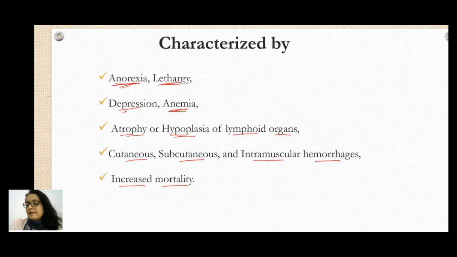Atrophy or hypoplasia of the lymphoid organs means a decrease in the size of the lymphoid organs. Cutaneous, subcutaneous, or intramuscular hemorrhages are also present. Mortality is increased compared to normal birds.